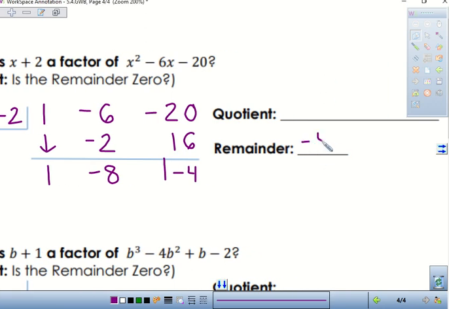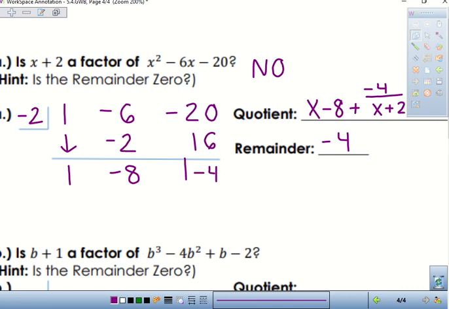So your remainder is -4, and your quotient is going to be x minus 8. Remember, this is the constant, this is 1 up, plus -4 over x plus 2. So is x plus 2 a factor of that polynomial? No, because the remainder is not 0.